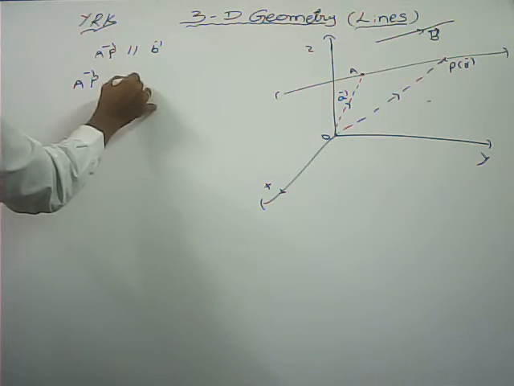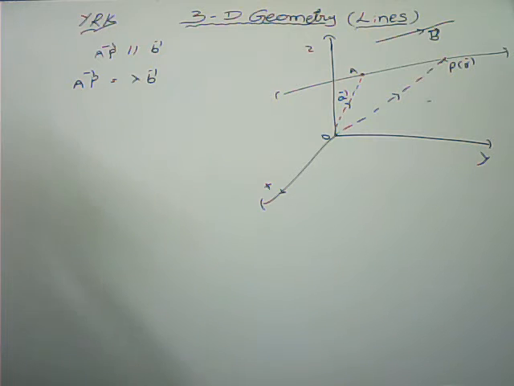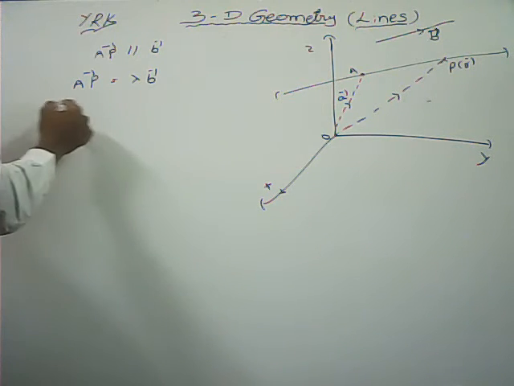AP bar we can write as lambda into B bar for some lambda belonging to R. If two vectors are parallel, both are linearly dependent. Linearly dependent means we can write one vector in terms of another one only by multiplying with a scalar.